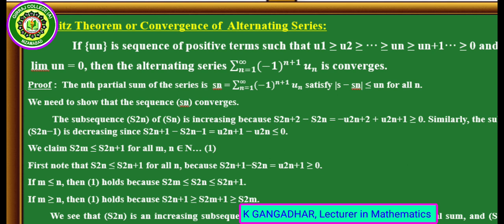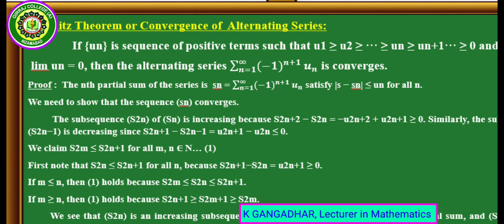First, the nth partial sum of the series we will take S_n equal to sigma (-1)^(n+1) u_n. So here series is convergent means limit exists.